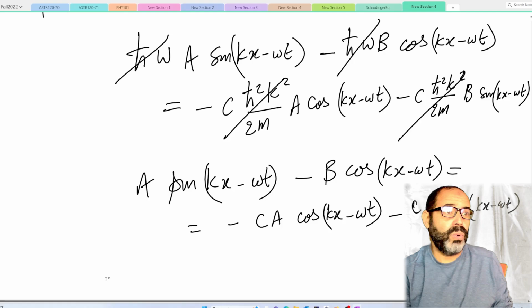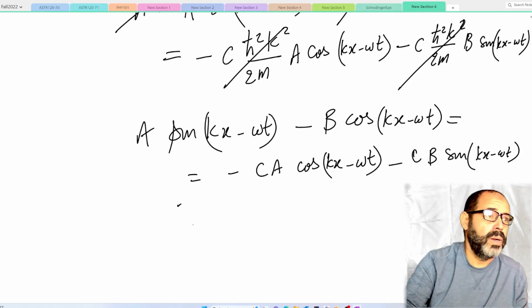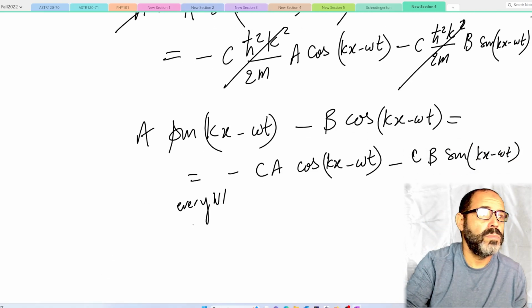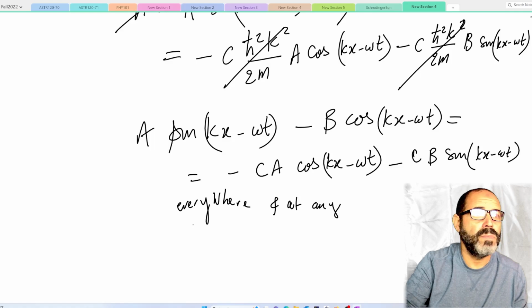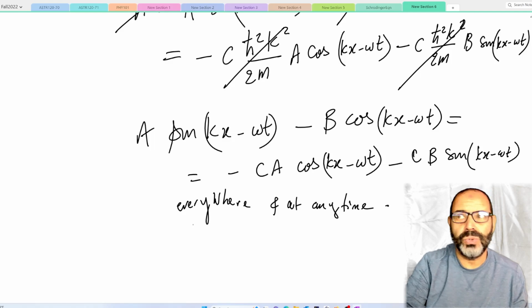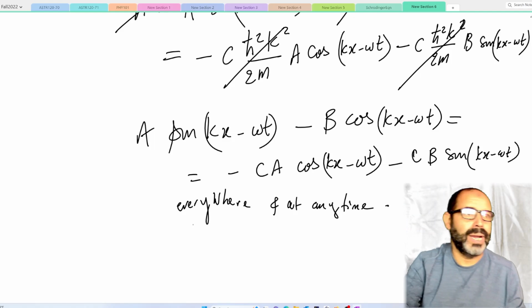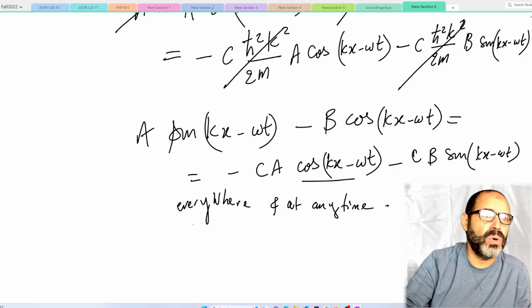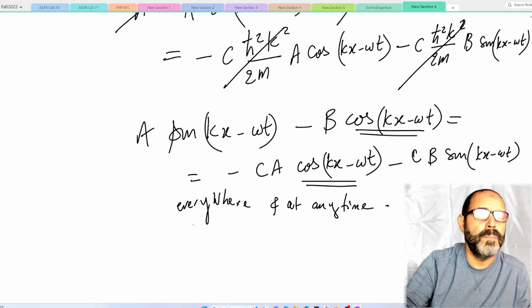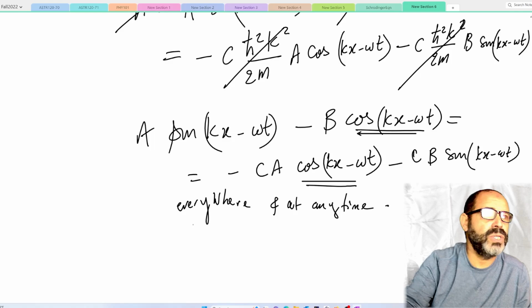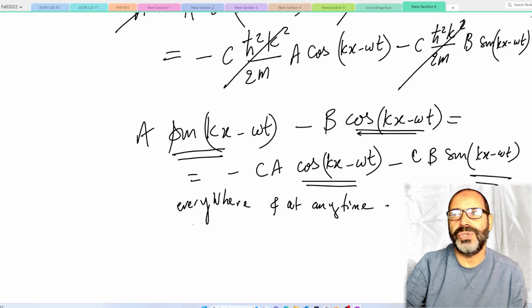We want this to be true everywhere and at any time. We don't want to be solving for a specific x or a specific t and then say it's true. No, we want it to be true all the time, which means that the coefficients of the cosine on both sides must match, and the coefficients of the sine on both sides also must match for this to be true.